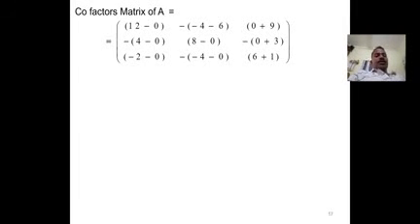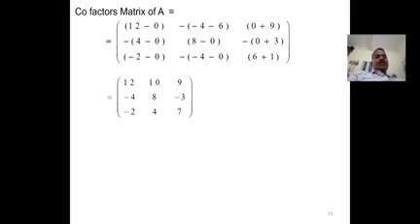Now we have to find the cofactor matrix of A, that equals 12 minus 0, minus of (minus 4 minus 6), 0 plus 9, minus of (4 minus 0), 8 minus 0, minus of (0 plus 3), minus 2 minus 0, minus of (minus 4 minus 0), 6 plus 1. After simplification of this, you can get 12 10 9, minus 4 8 minus 3, minus 2 9 4 7.